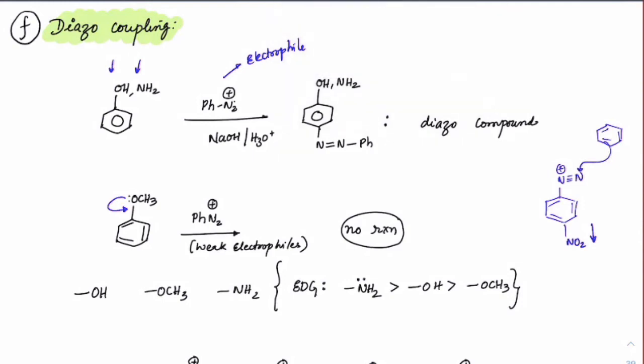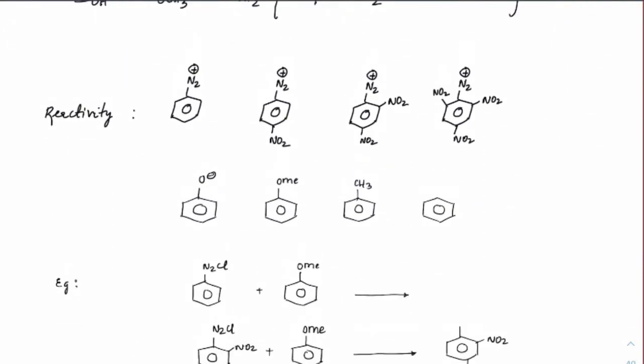So diazo coupling can be done in two ways. One, by increasing the electrophilicity of the diazonium ion. Second, by increasing the nucleophilicity, that is by adding strong donating groups on benzene. For instance, if you check the reactivity of these four, NO2, so many withdrawing groups, will make it highly electrophilic in nature.